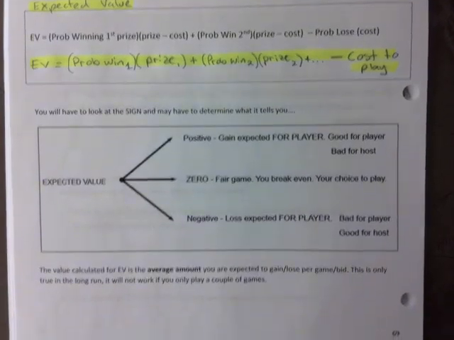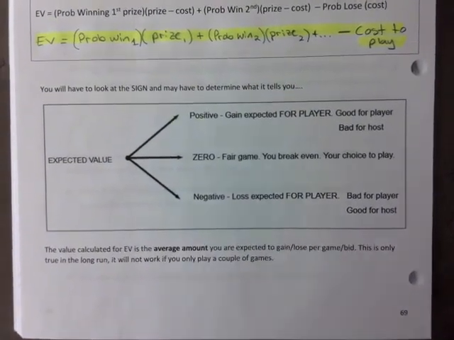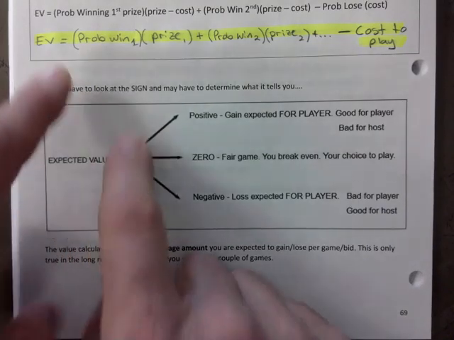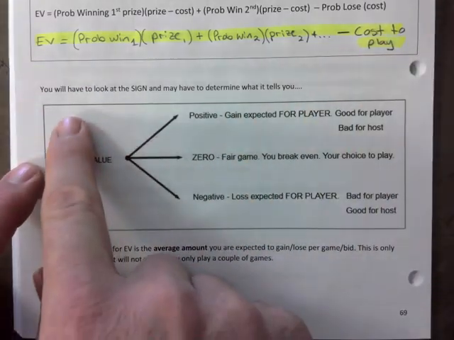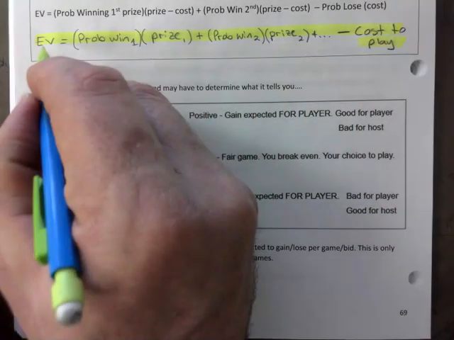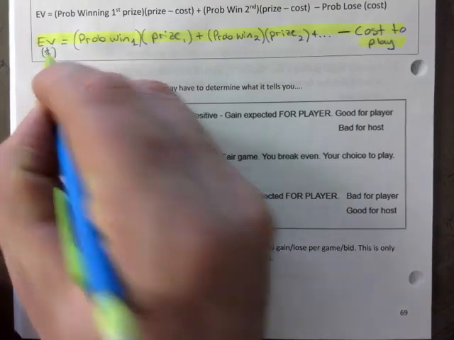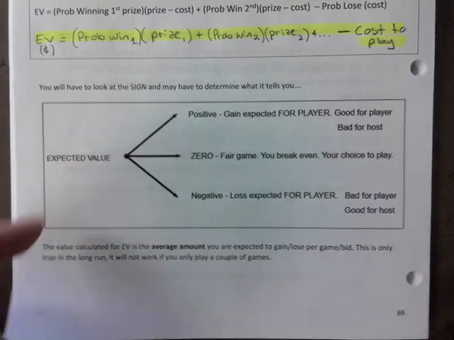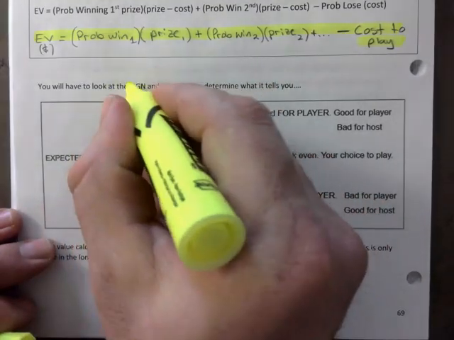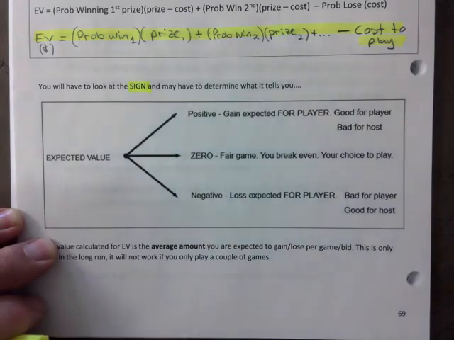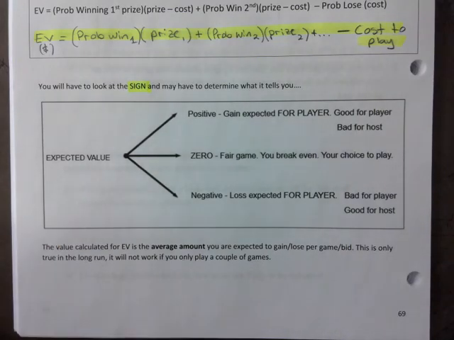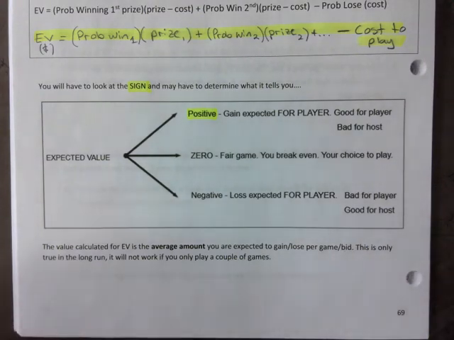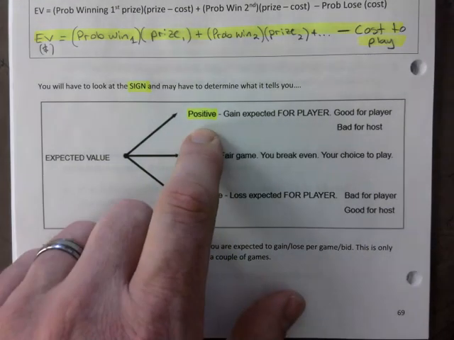Now, when it comes to our answer, I want you to have this, and it can be very small underneath this formula. First of all, that expected value will be a dollar amount, and the sign of the answer is very important to us. If you have a positive answer, it doesn't matter what the value actually is.